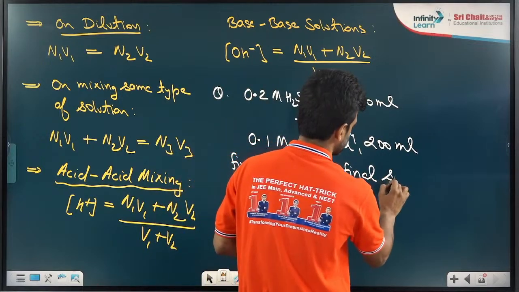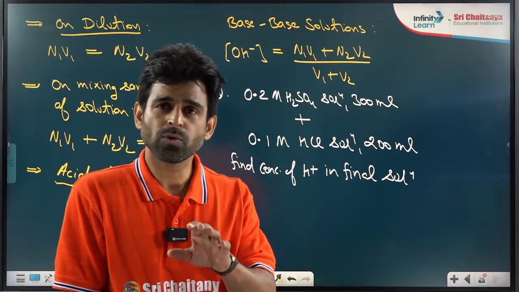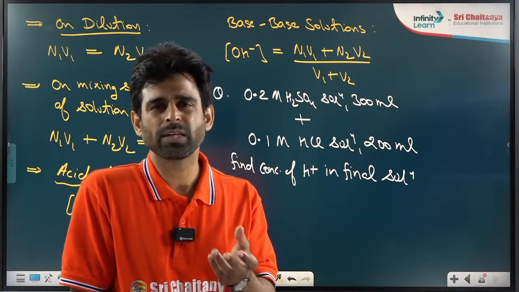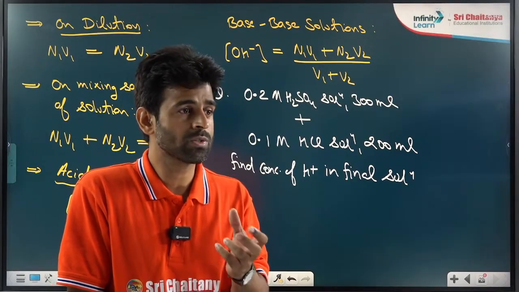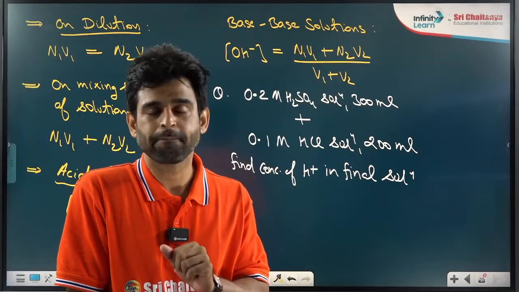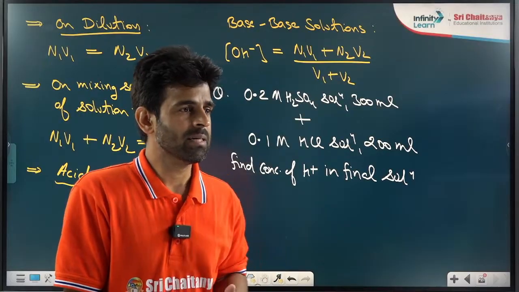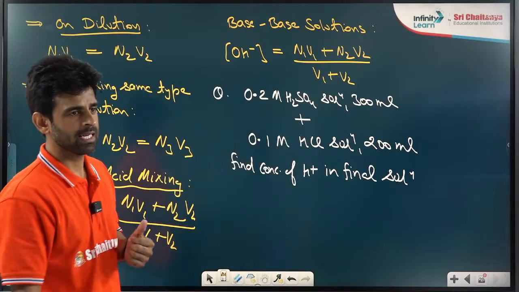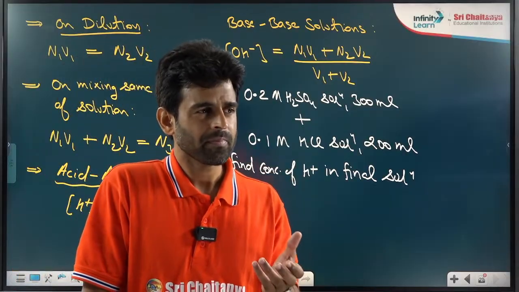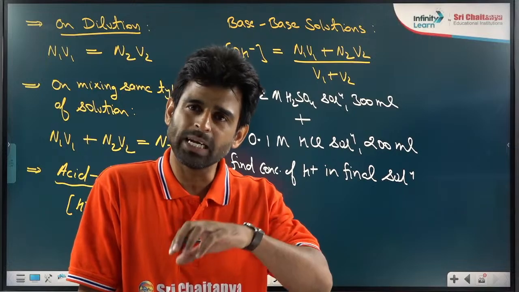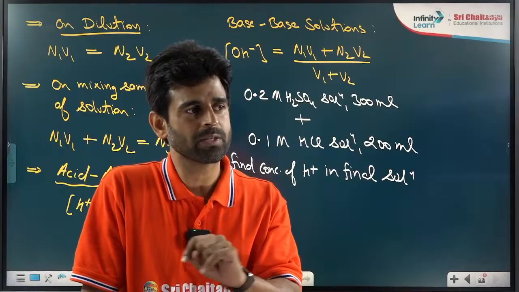If this question comes, do not solve it in terms of molarity because you can make a mistake. If acid-acid mixing is there, solve using normality instead of molarity to avoid the mistake. Karthik is asking: when they give initial molarity and ask final molarity, use M1 V1 equals M2 V2.